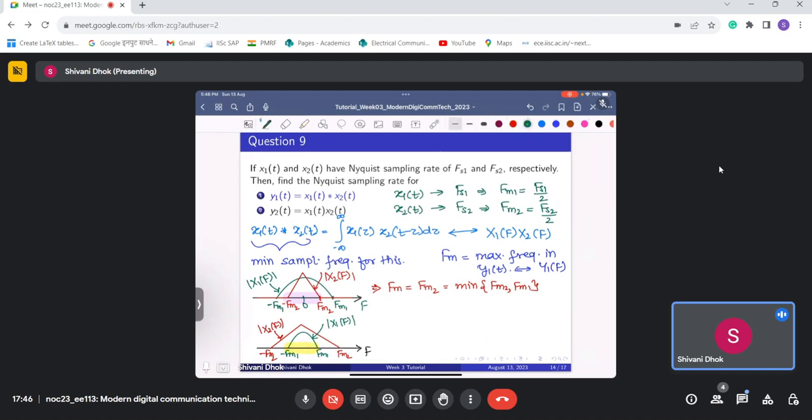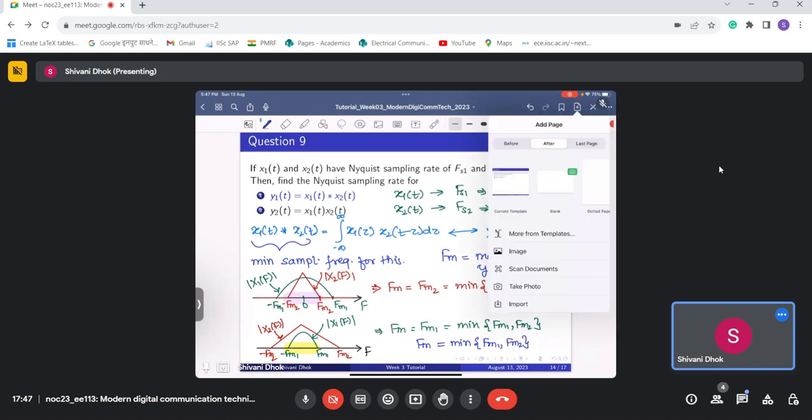So in this situation fm will be equal to fm1, which is again the minimum of fm1 and fm2. So in general, I have fm as the minimum of fm1 comma fm2.